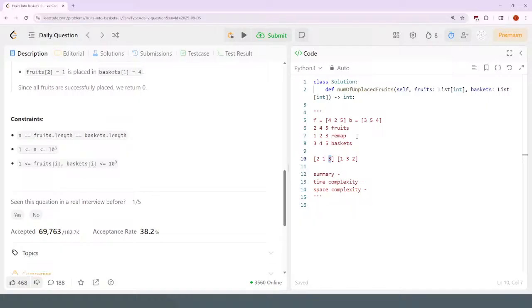Which might be a very small number of baskets. 100 fruit needs to go to 100 basket, or 101 basket, 102 basket.